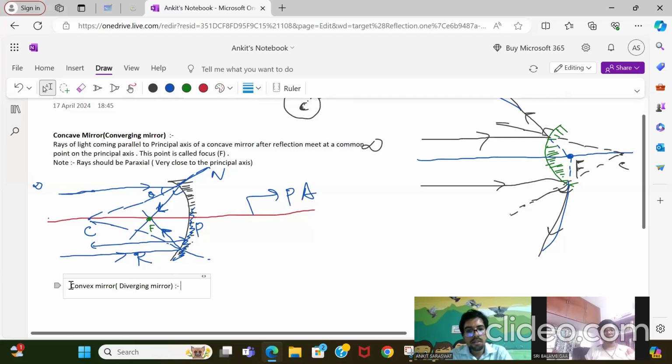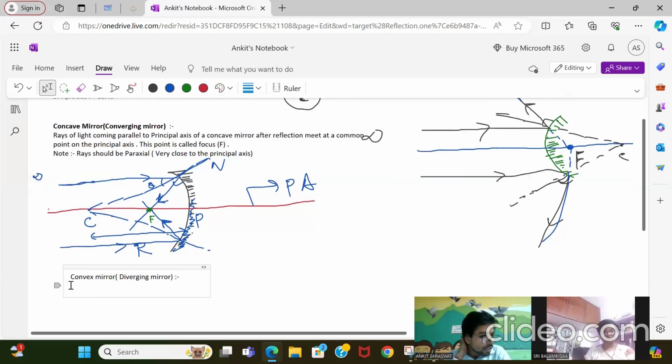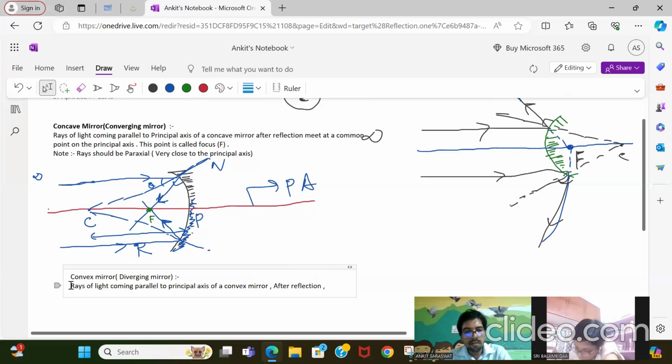You can write: rays of light coming parallel to the principal axis of a convex mirror after reflection diverge.